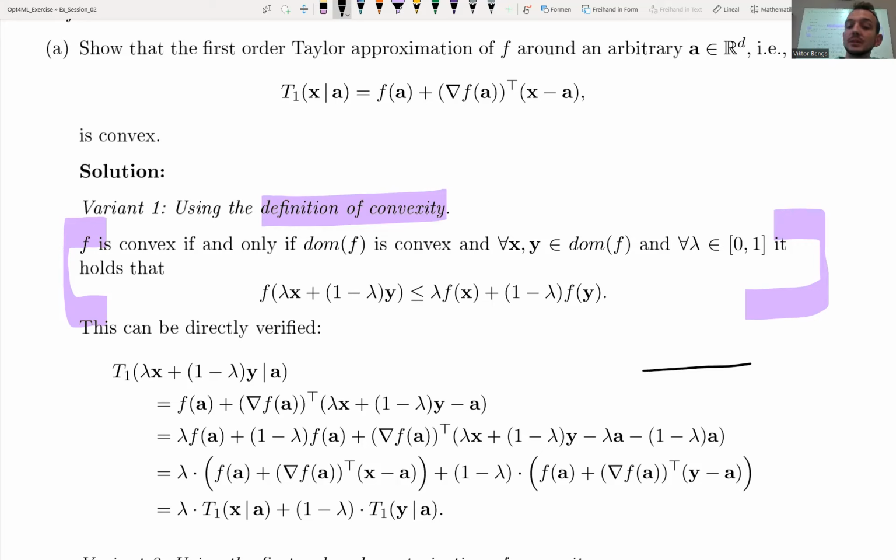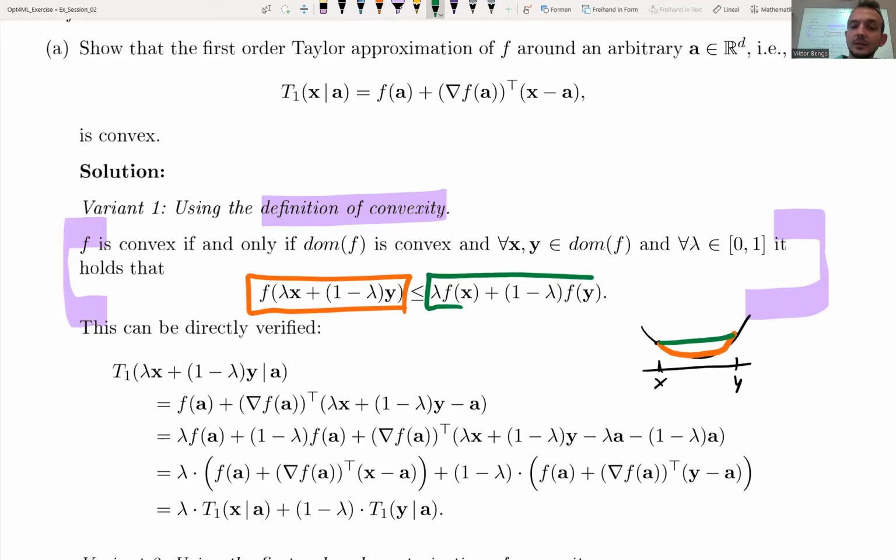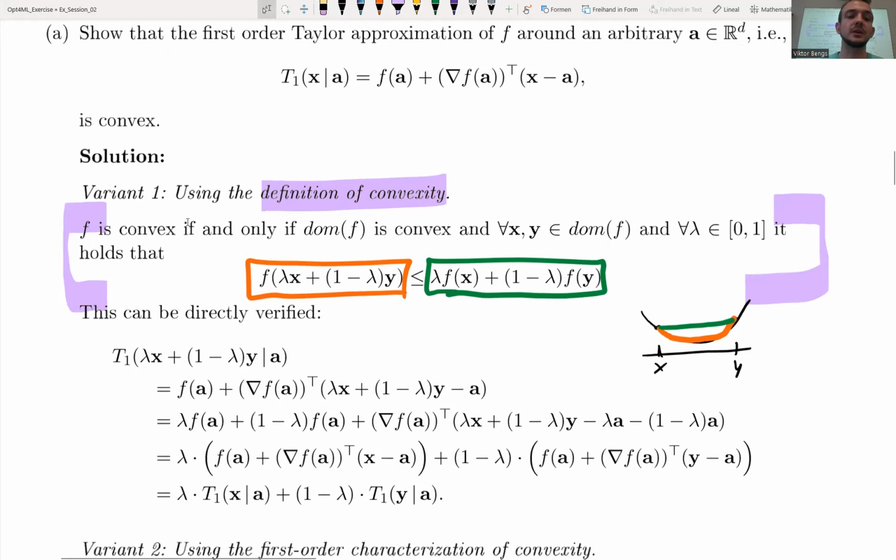So you remember, if we have here the x, here the y, the condition is telling us this left-hand side is always smaller than or equal to the line we get if we combine the two function values at x and y. The direct definition of convexity.